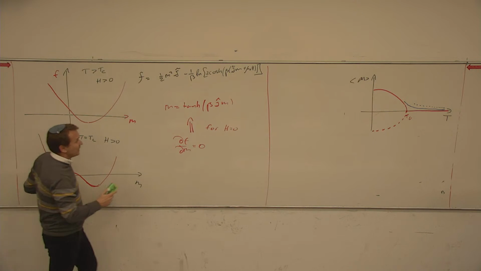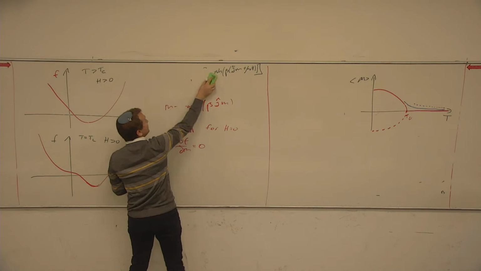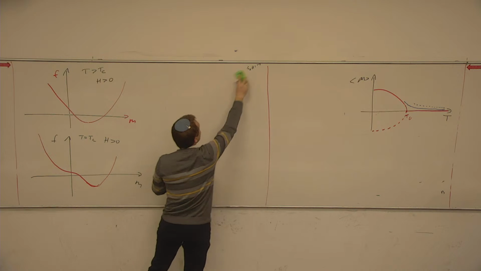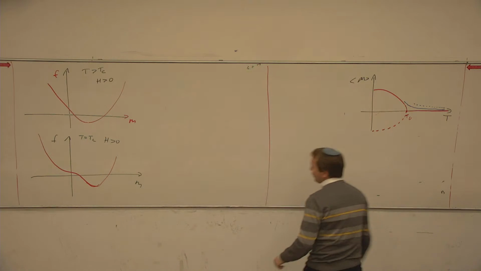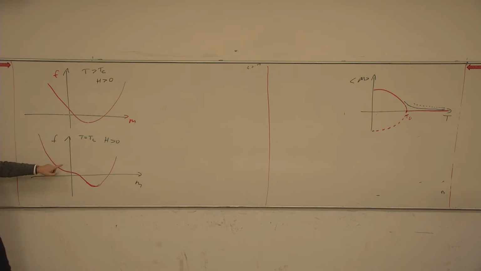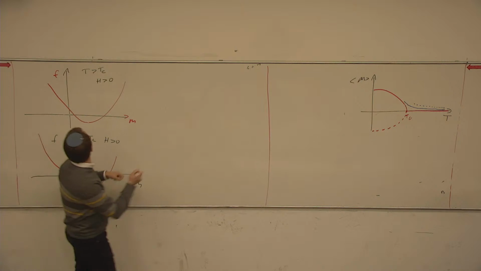But we do know that if you lower the temperature even further, right? So if you lower the temperature even further, what will happen? We have to go below Tc in order to observe an additional minima that occurs over here. Okay?